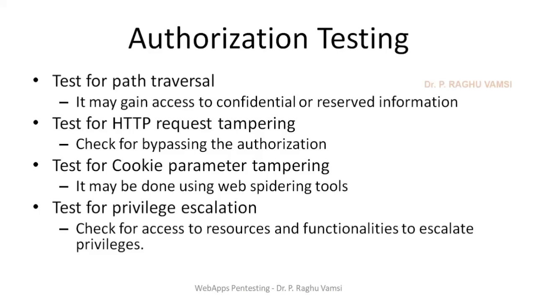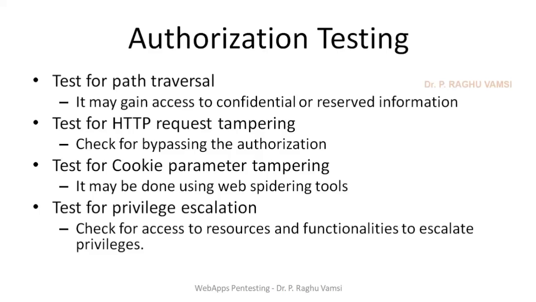Then you have to go for authorization. In this authorization, especially the path traversal, that means a hacker will try to browse various paths and gain confidential information, such as he may go to the root directories, he may go through the log directories, or some other thing. He will try to check for that.